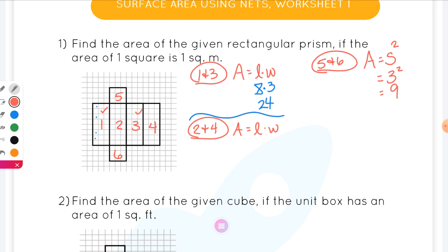Because if you fold them in half, then if they weren't the same, they wouldn't connect with each other. Okay, you're right, but there's a reason on this specific problem why all of those rectangles are the same. Because the base is a square. If the base is a square, that means all of your rectangles will be the same. If the base is a rectangle, then you'll have 2 different sets.